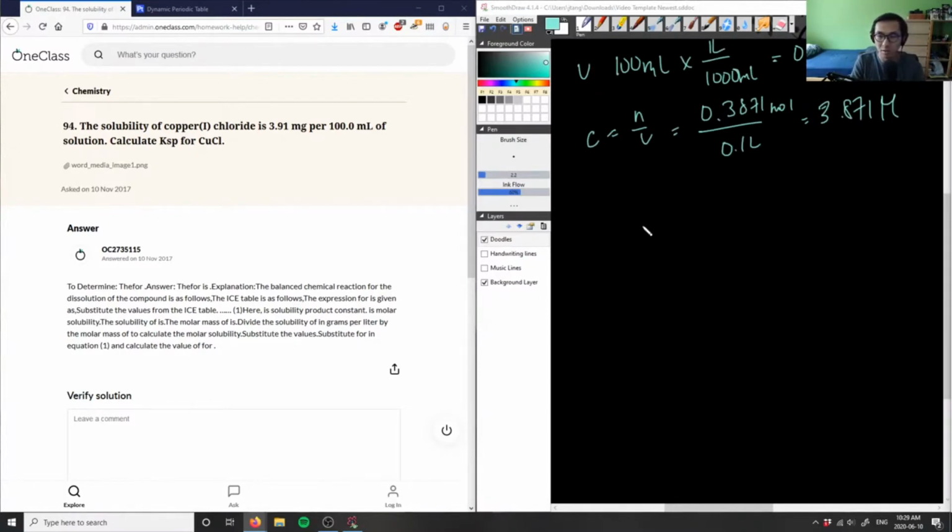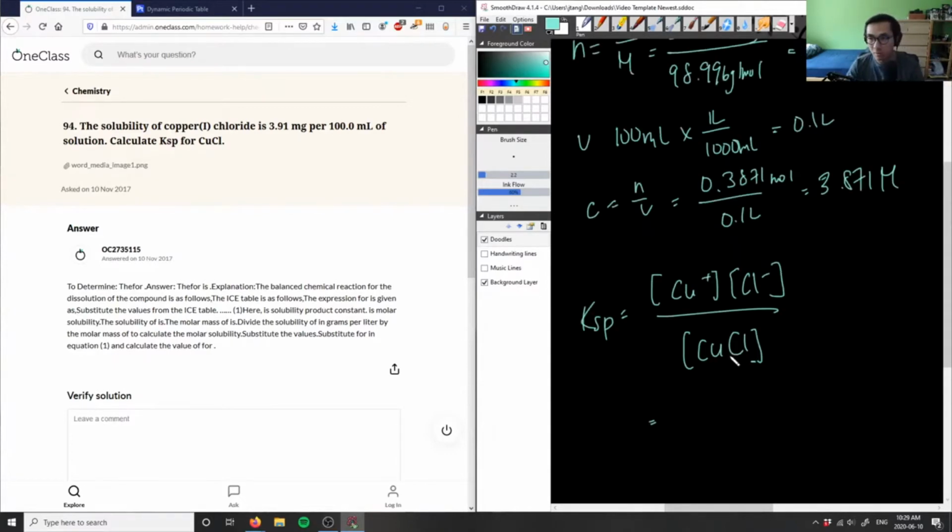So we can set up our Ksp equation. Ksp is basically the concentration of our products divided by the concentration of our reactants. The products we're making are Cu+ and Cl-, and we're dividing by CuCl.